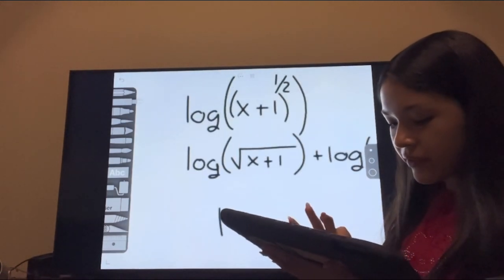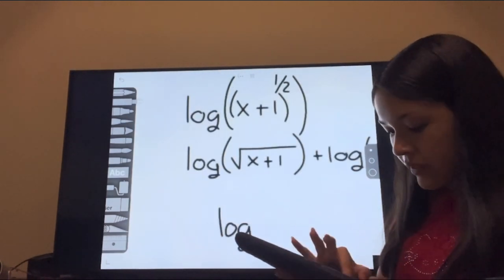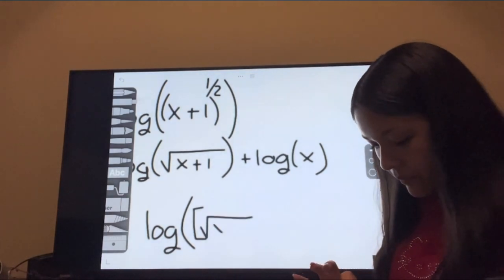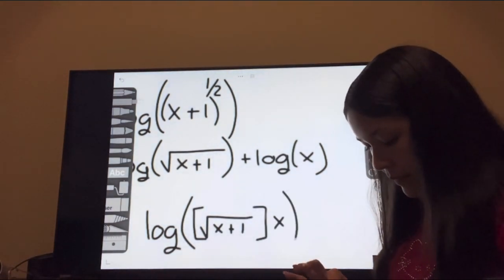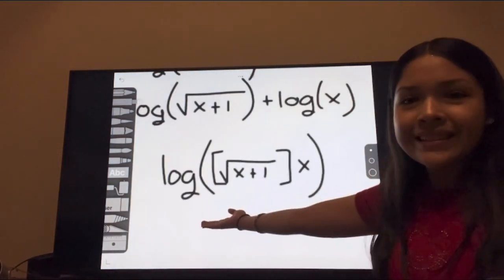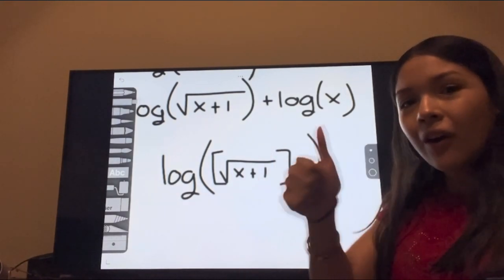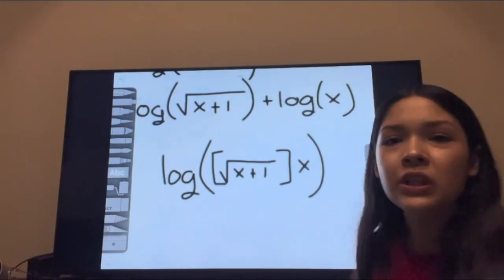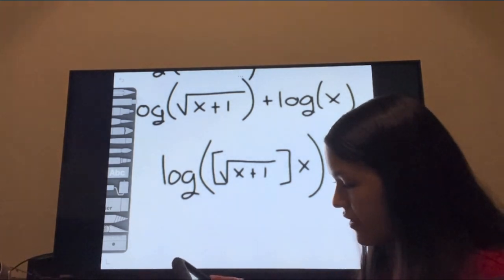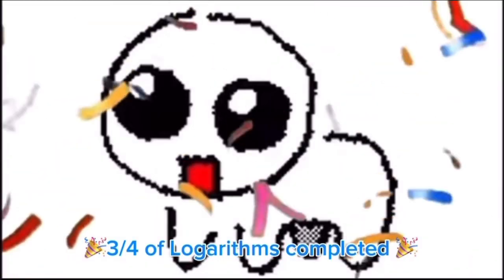So we could rewrite them like this. And now this is all condensed. So this is our answer. Yay!